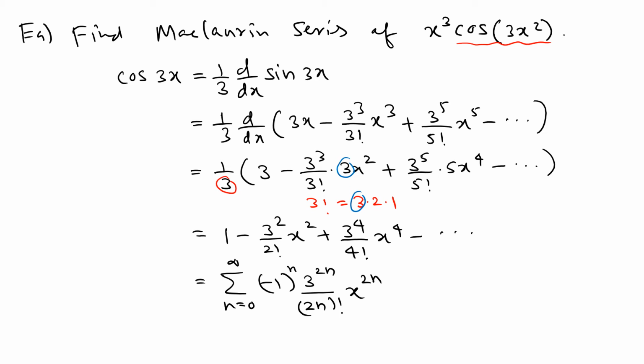Now what we can do is simply replace x by x squared, because you can see there's an x squared term. That's what we need. So we can replace x by x squared now. Okay, so let's do that.